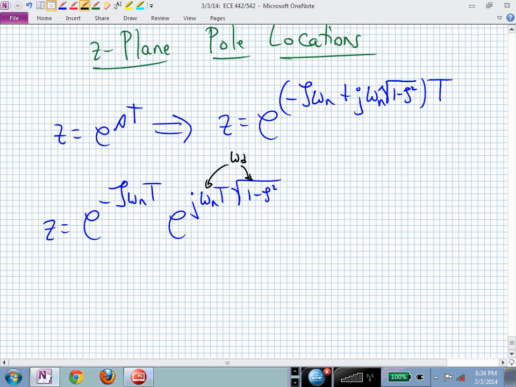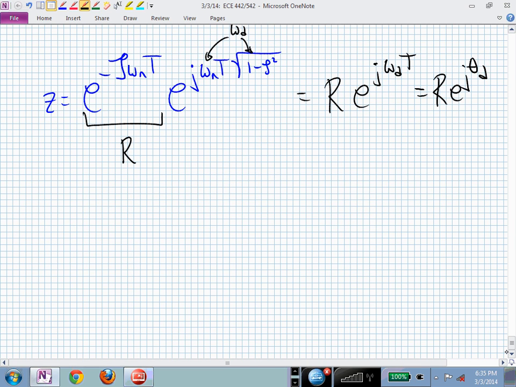So this is e to the j omega sub d t. This we could say is just an r. So now we have r e to the j omega sub d t, but we could say that's r e to the j, and there's my new theta. This is theta sub d, where theta sub d is omega sub d t.